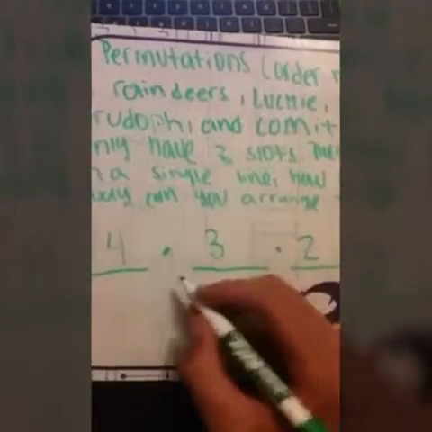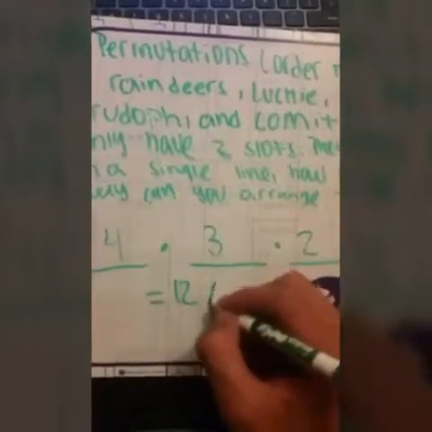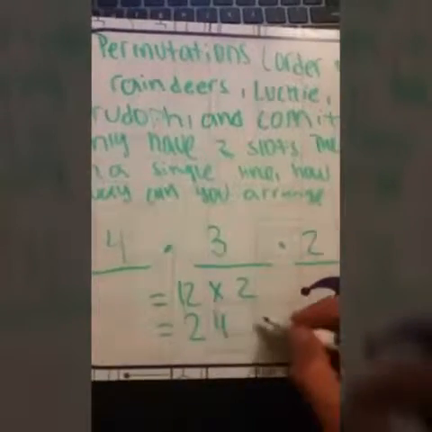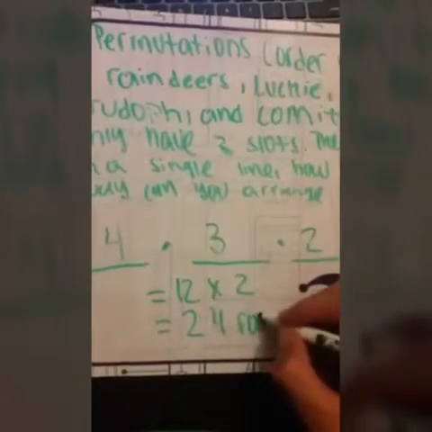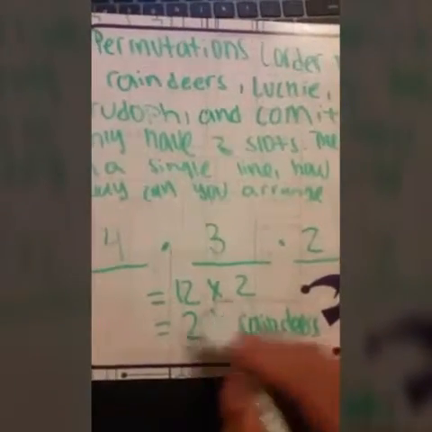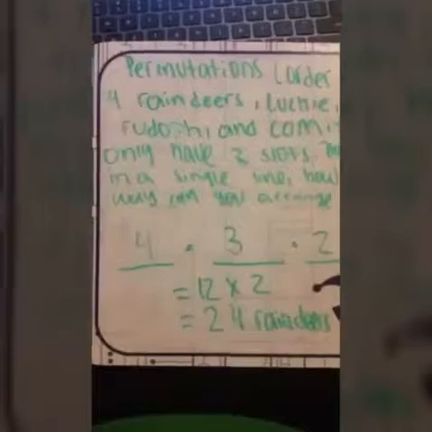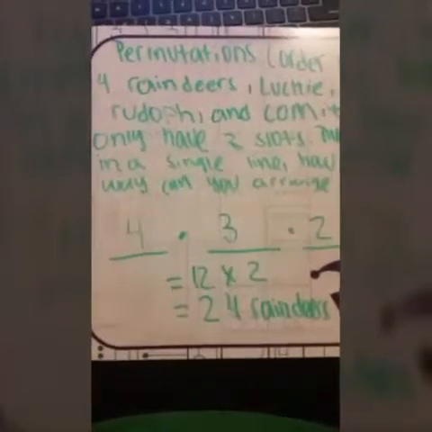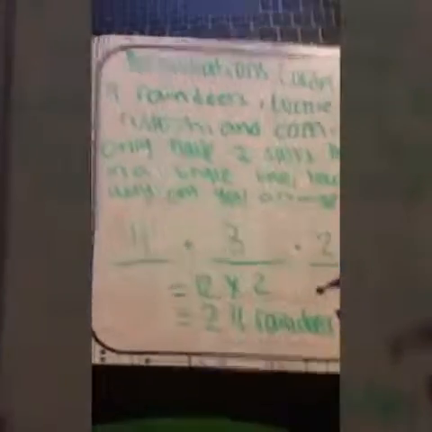So once you multiply everything out, you can see that you have a total of 24 different ways that you can arrange the reindeers if you only have 4 reindeers in 3 slots.